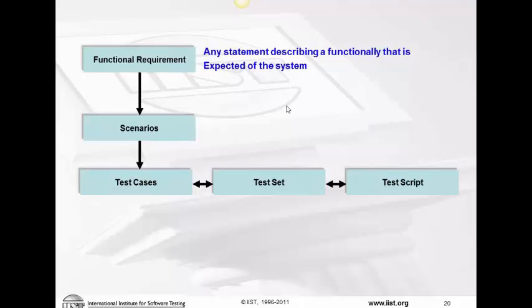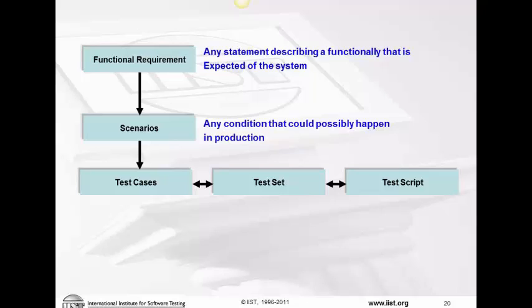A requirement is any statement describing any functionality that's expected of the system. A scenario is any condition or any situation that could possibly happen in production. It doesn't matter what it is. It could be a normal thing that happens. It could be an abnormal thing.